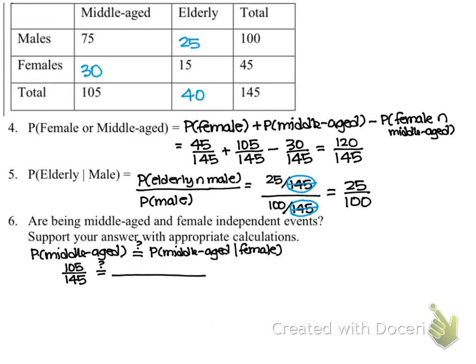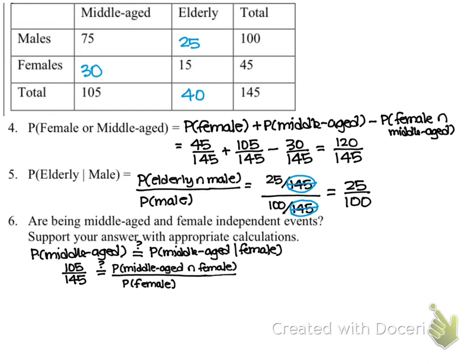So our subpopulation here is going to be female. So we know this person is going to be female based off of the comparison that we're doing. And then of that group of females, we want to see how many of them are in the middle-aged group. So we're going to do middle-aged intersected with female.